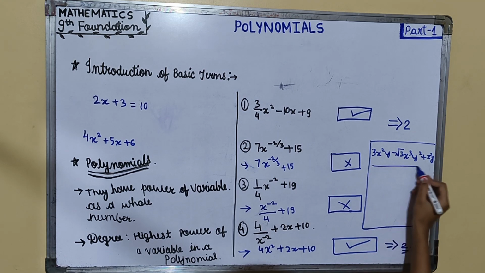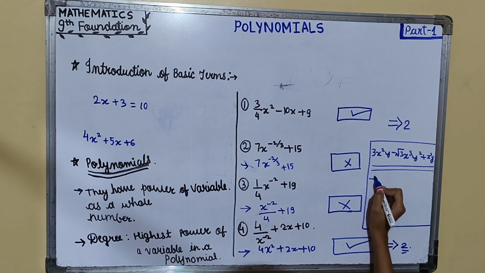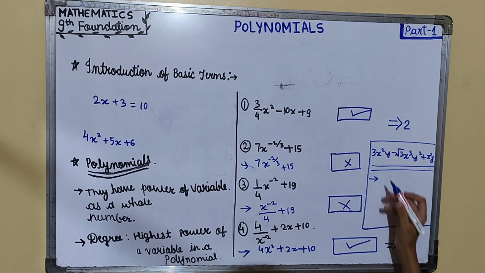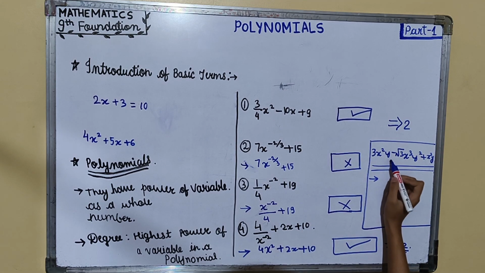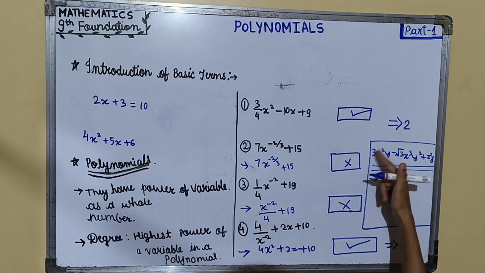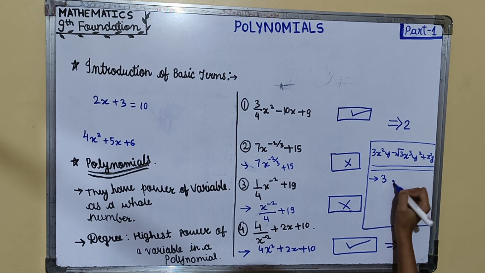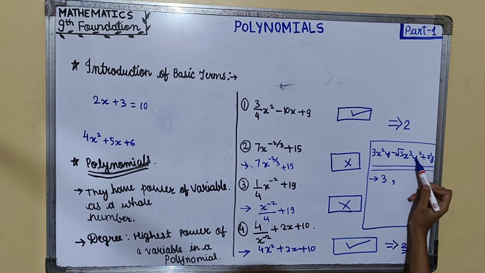So, in this question, you will find the degree of each term. Now, in this term, 3x square y, you have two variables, x and y. So, the power of x is 2, the power of y is 1. We'll add the powers, so we will get the degree of this term as 3. In the next term, y's power is 2 and x's power is 3.